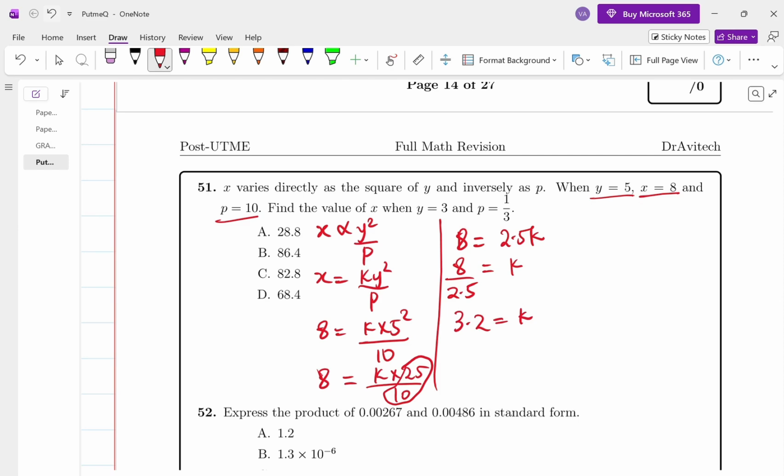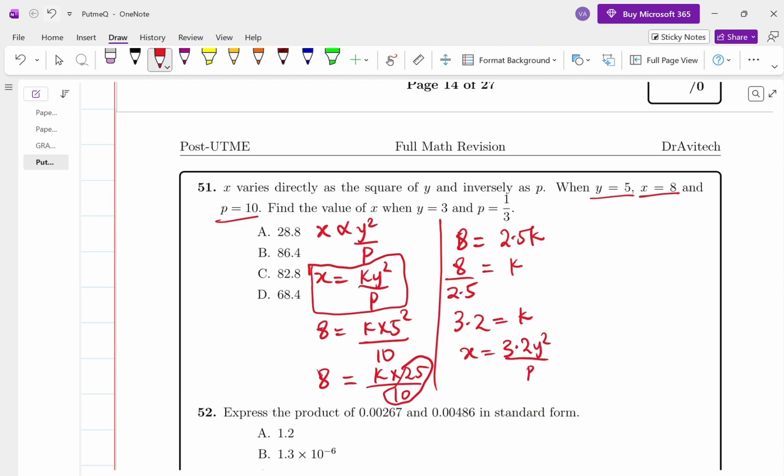Now, we're going to put this 3.2 back into this very expression. That will be x equals 3.2 y squared all over p.